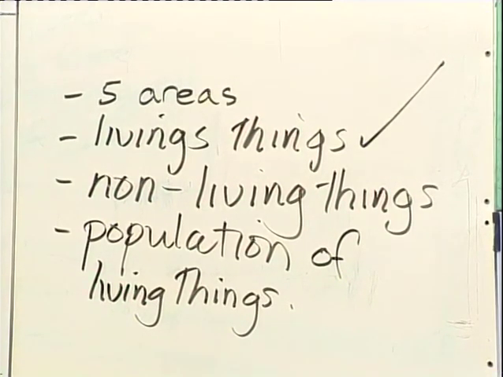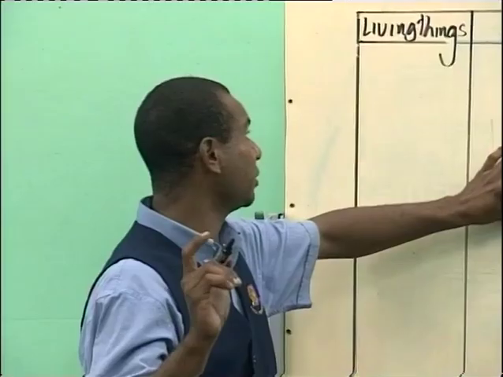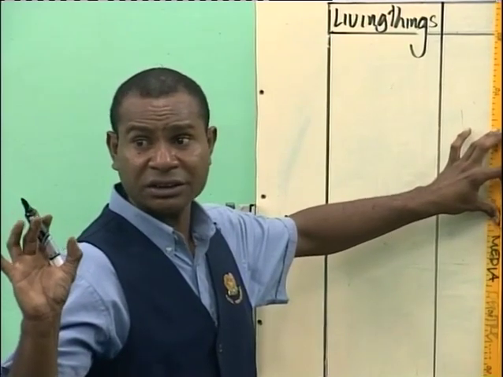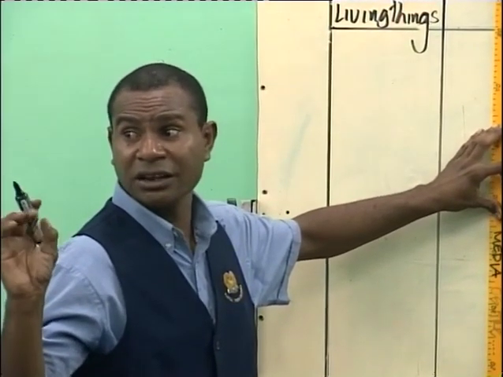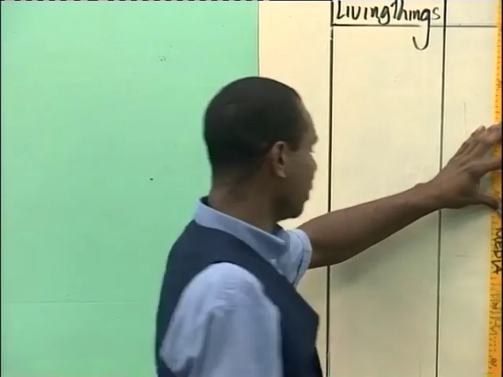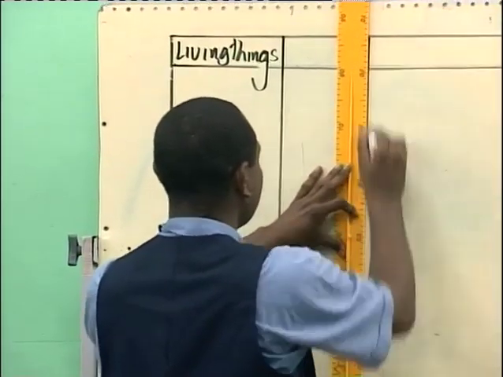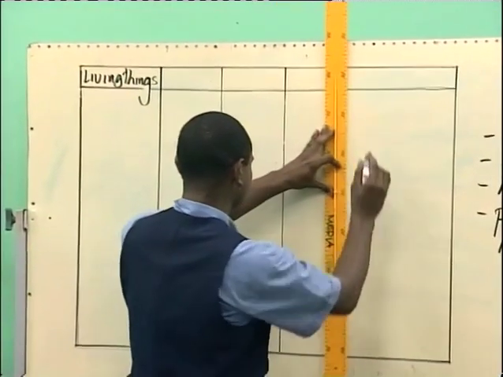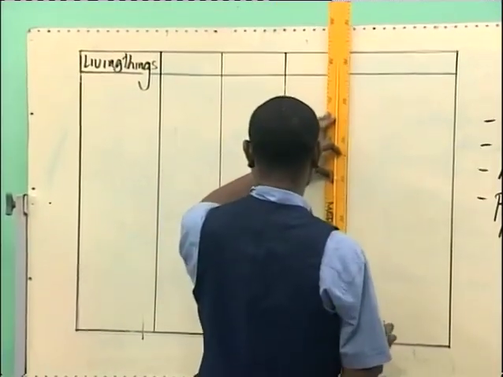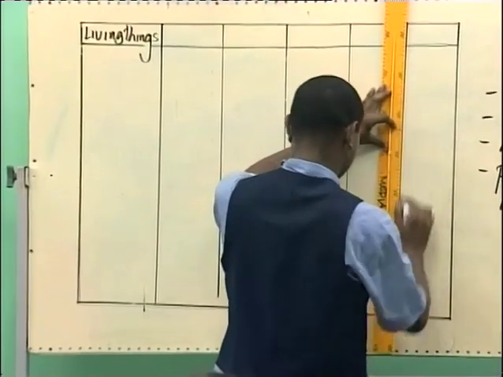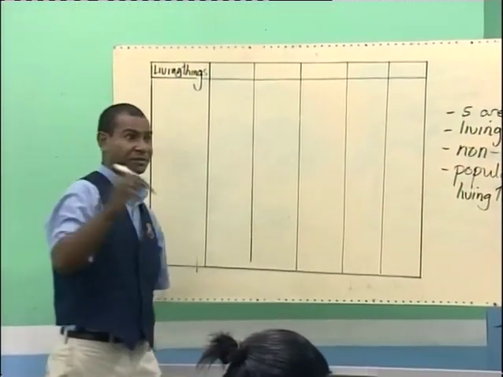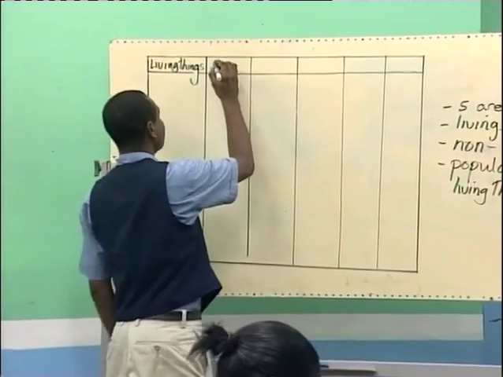Before we put the number of population of living things, we look at what areas? 5 areas. So we must list the areas down. So we'll have 5 areas. What are they? First one, group 1 and 2. Group 1, what was the first area that you looked at?